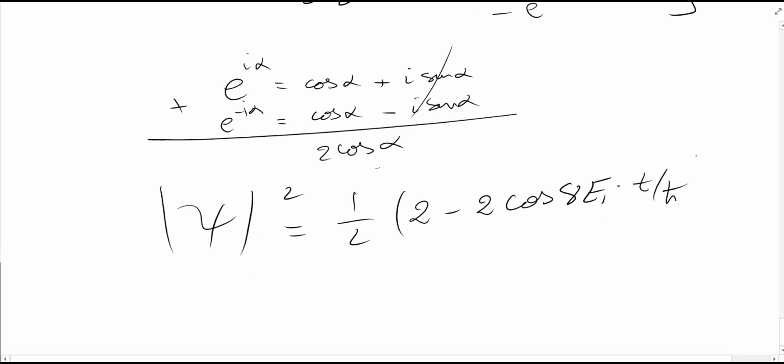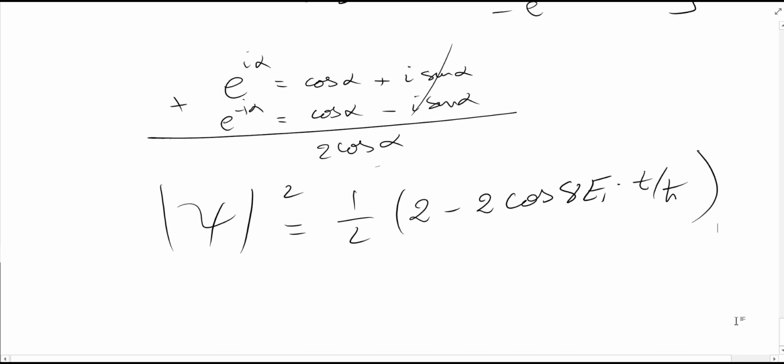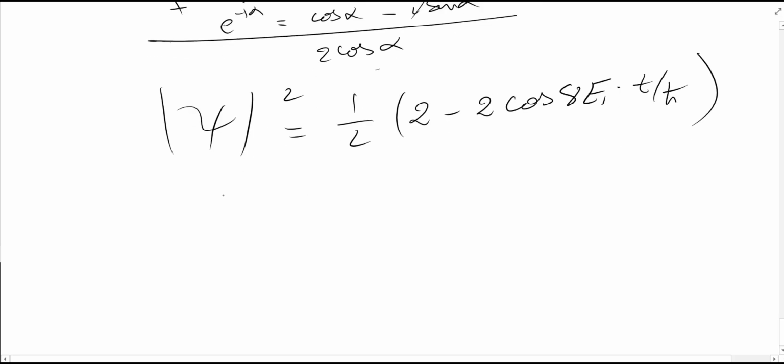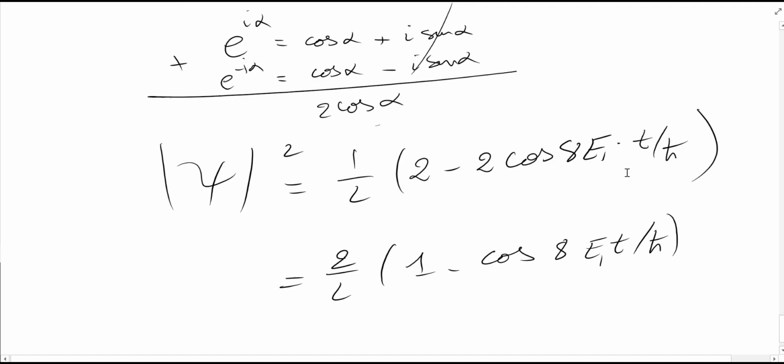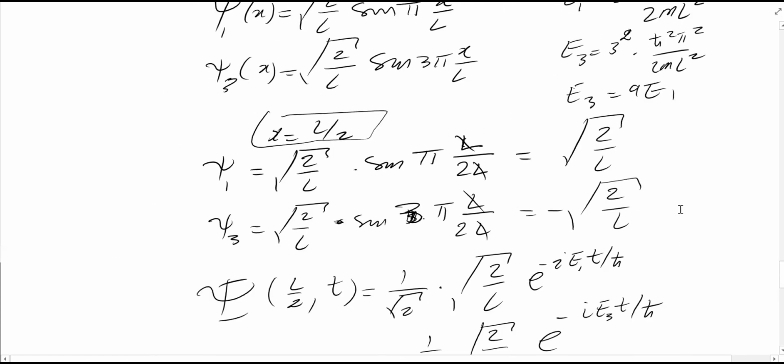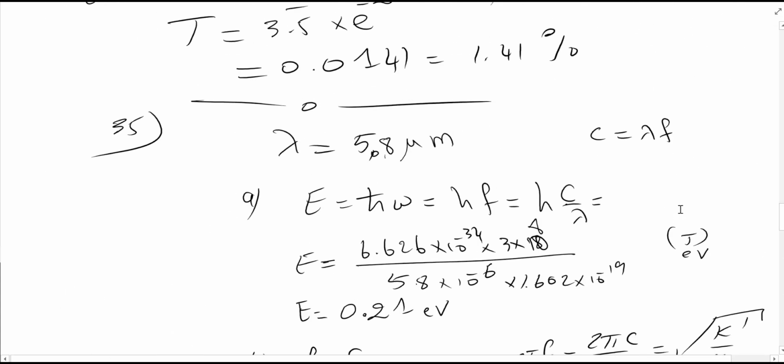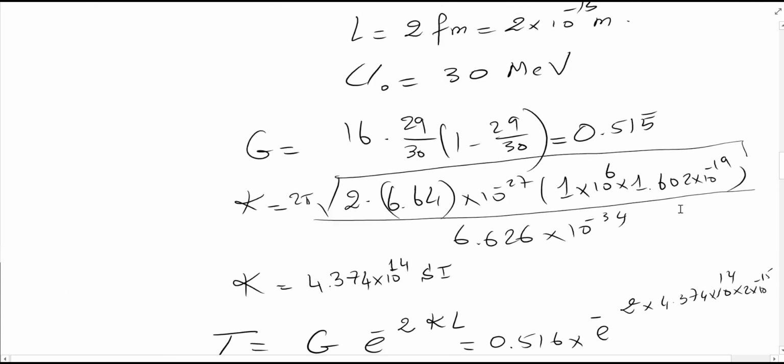At this point you can take out the 2 first, and you're in business. So this is equal to 2 over L times 1 minus cosine of 8 E1 T over h bar. This expression of 1 minus cosine, if you remember, we encountered way back when we were doing the normalization for the first term.